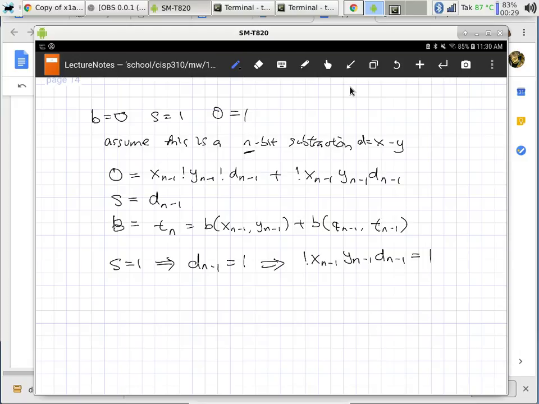What else need to be 1s and which one has to be a 0? X has to be a 0. Exactly. Oh, wow. So this further implies x n minus 1 has to be a 0, y n minus 1 has to be a 1, and just to repeat myself, d n minus 1 has to be a 1. I know exactly what the last column is going to look like in the subtraction. Okay. So that explains the overflow.